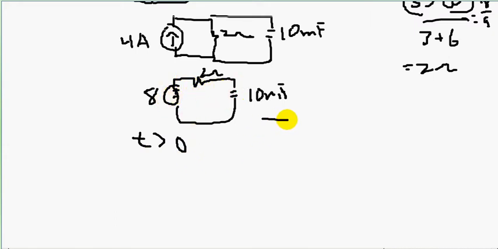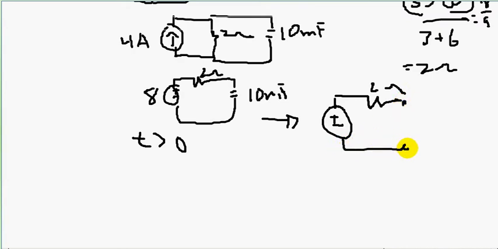So essentially we have an 8 volt voltage source and 2 ohms, and since the capacitor pops open, this is A and this is B. The voltage across A and B is simply 8 volts. So VC at infinity, as time goes on, is 8 volts.